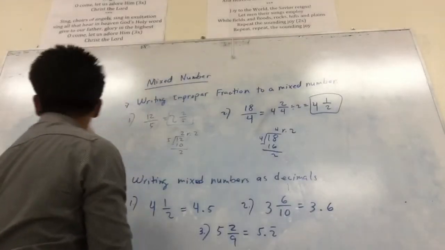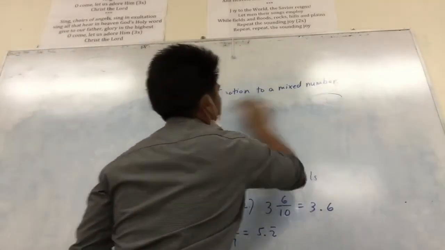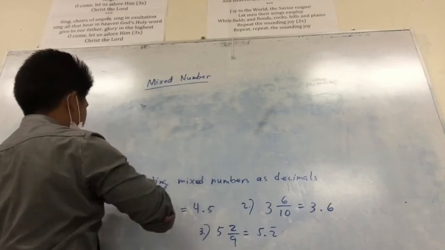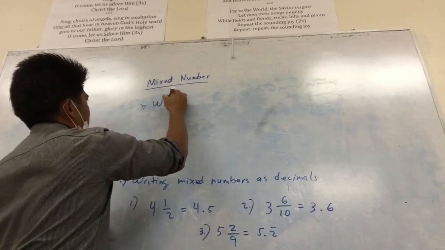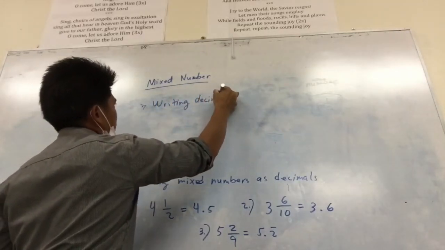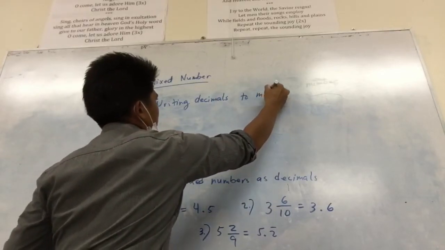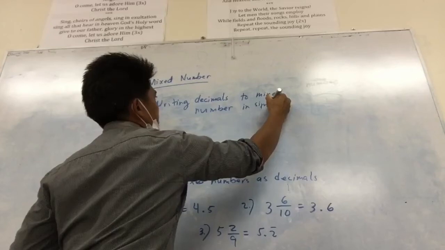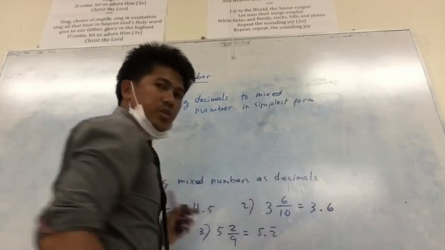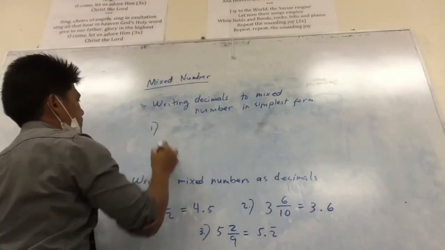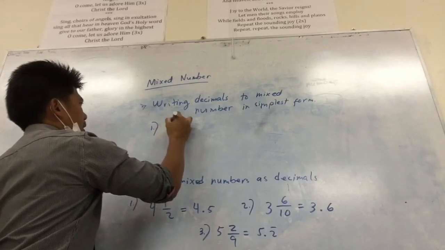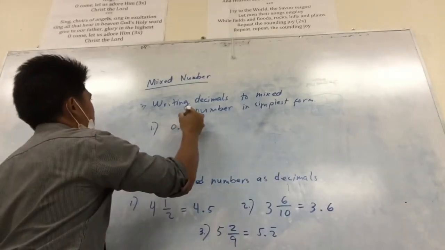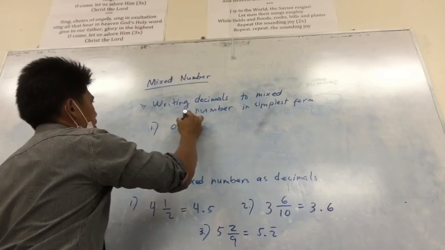One more thing, I forgot. Another one is writing decimals as a mixed number in simplest form. For example, 0.4.